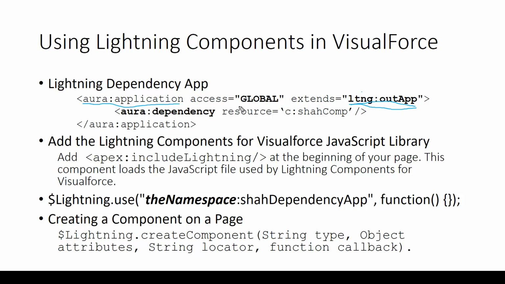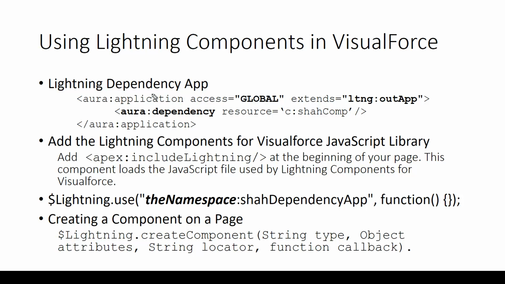Well, since we are going outside of our framework, make them available globally. Access level is global. Make my application component globally accessible by setting access equals to global. Fine. So this is the Lightning dependency app.